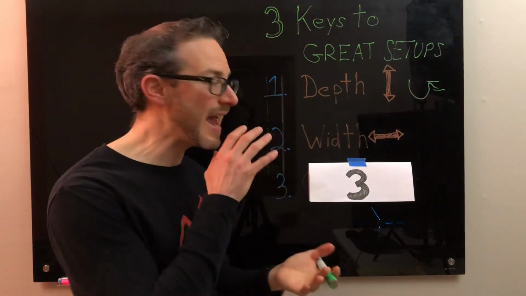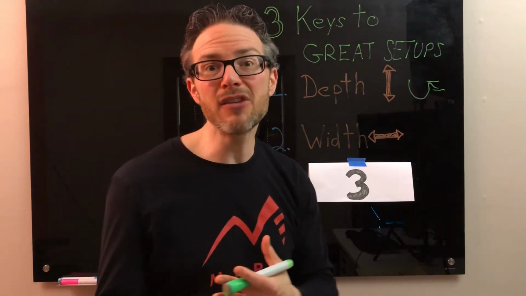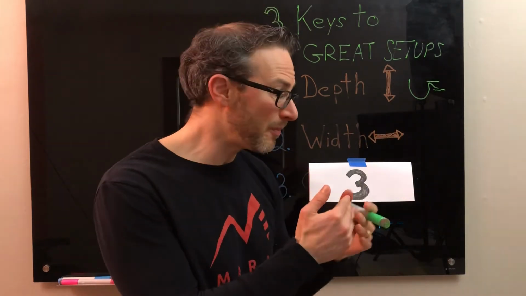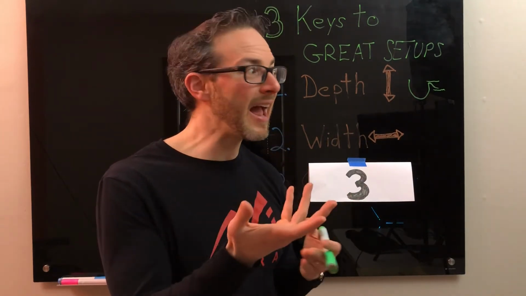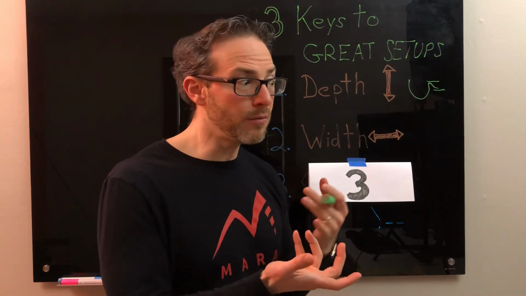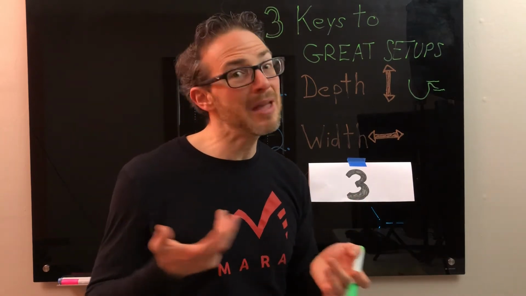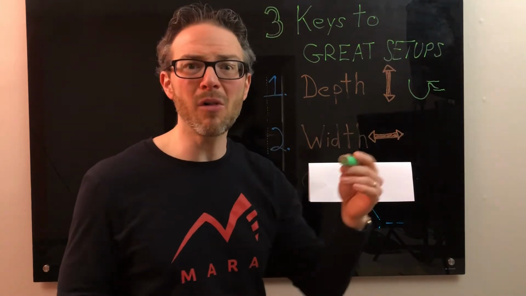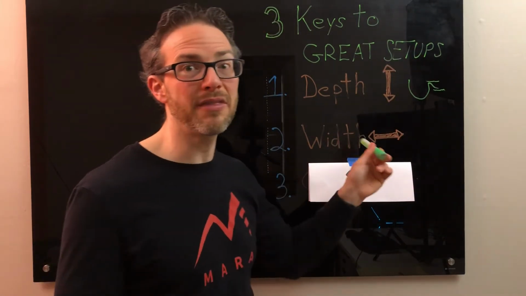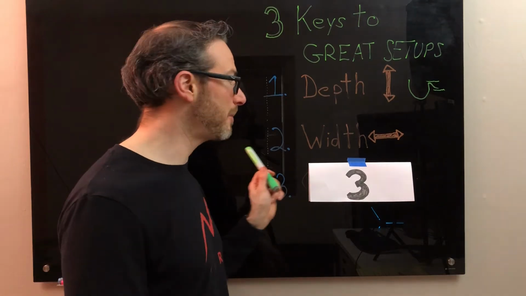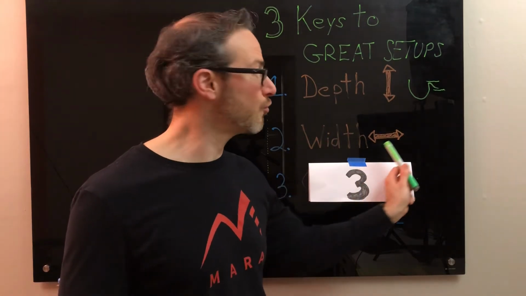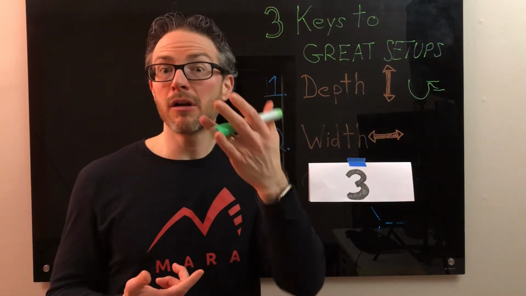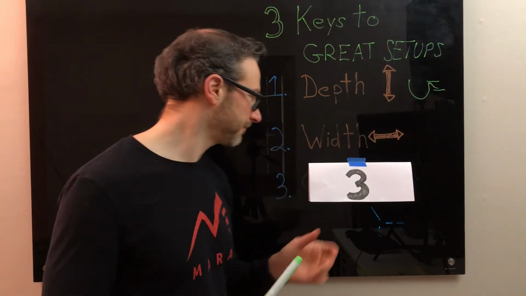If you're looking at an intraday chart, let's say you're a day trader and you're looking at a 3-minute chart and it's setting up, then you're only going to be looking at holding this position for a few minutes, maybe an hour, tops, if it continues to run up. It's taking it all into context, being aware of the width, the amount of time that it's been consolidating, that it's been trading sideways, and that will help you figure out how long your holding period should be.